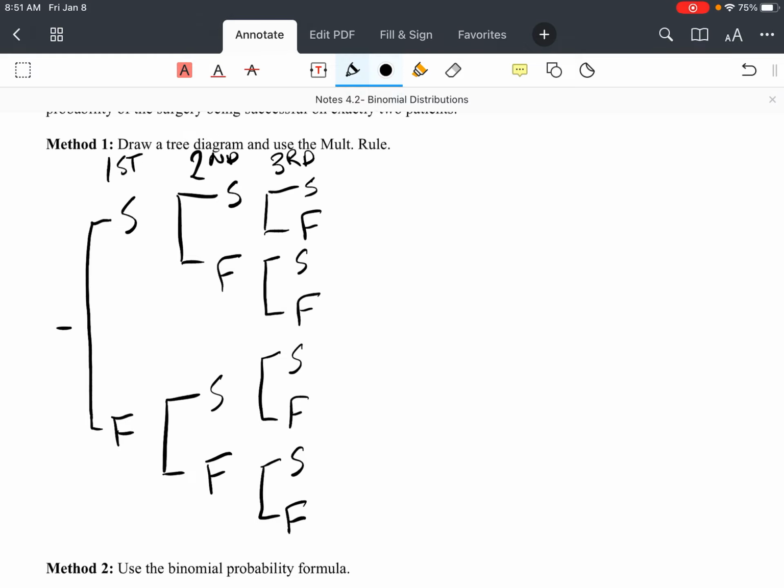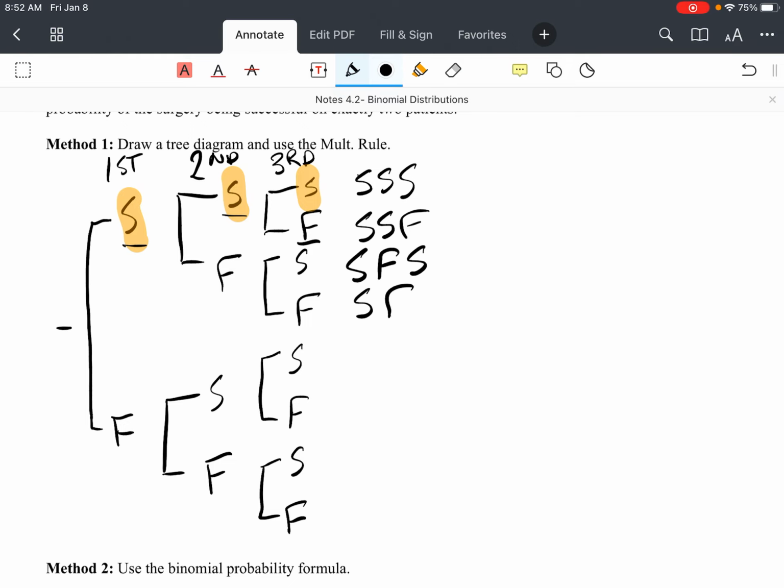We want to know what the probability of getting exactly 2 successes would be. So if I'm following this first row, this would be a success, success, success. So this would be 3 successes in a row. Then we could do success, success, failure. This would be success, failure, success, and then success, failure, failure.